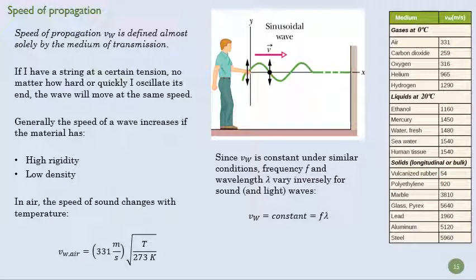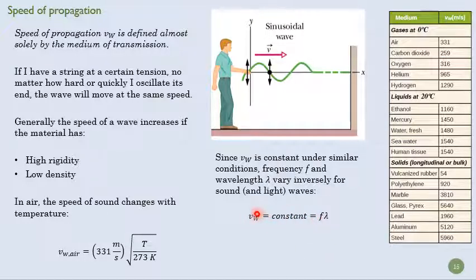So if we know that the speed of propagation is constant in a given medium, like for instance air at environmental conditions, 20 degrees Celsius or whatever, then we know that frequency and wavelength are going to vary inversely, right? Because on the previous slide, we saw that speed of propagation is equal to frequency times wavelength.